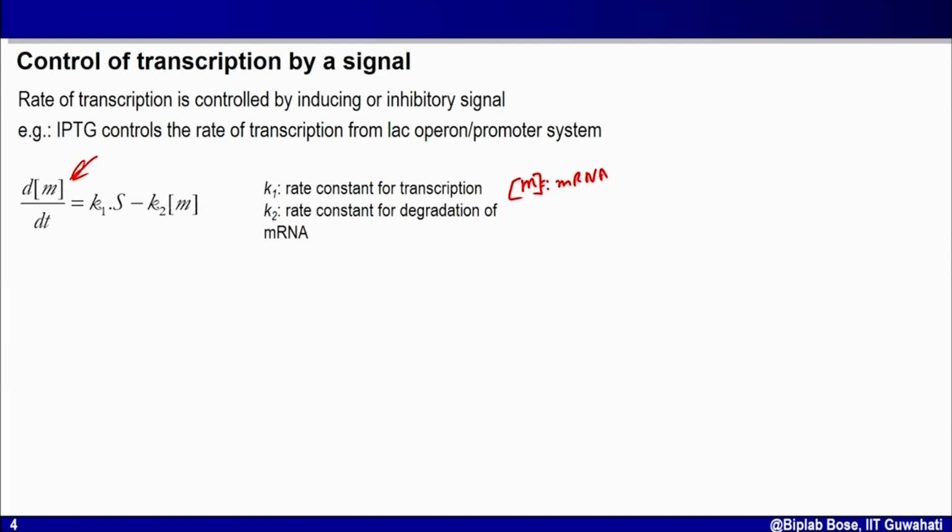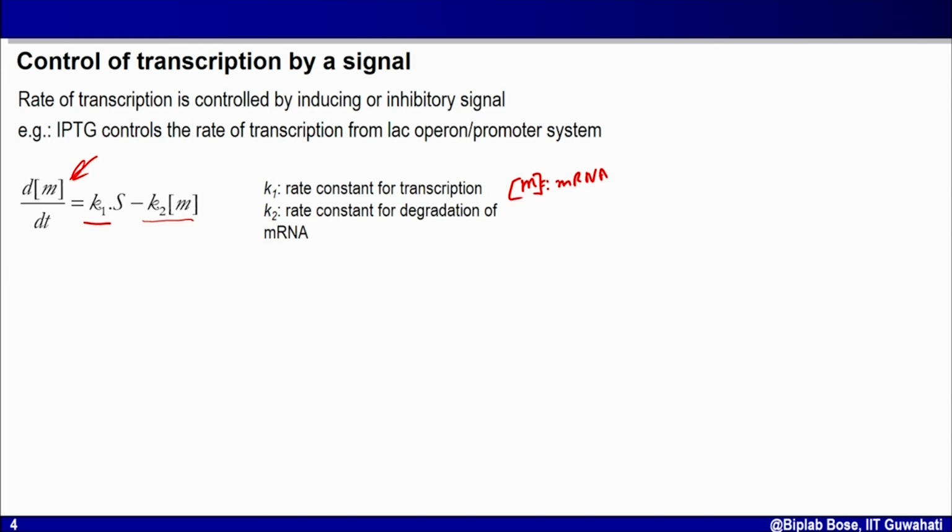S is the signal, for example, the concentration of IPTG added to the culture. Minus K2 into M. K2 is the rate constant for degradation. M is the concentration of free mRNA. So this is the first order degradation. So the first part is synthesis by transcription. Second part is degradation. Now see the first part, the transcription part, K1 into S.